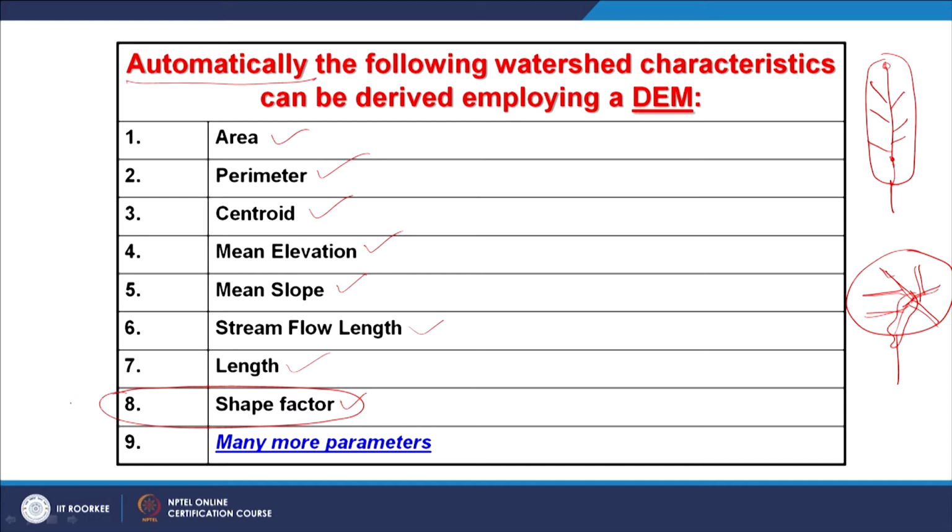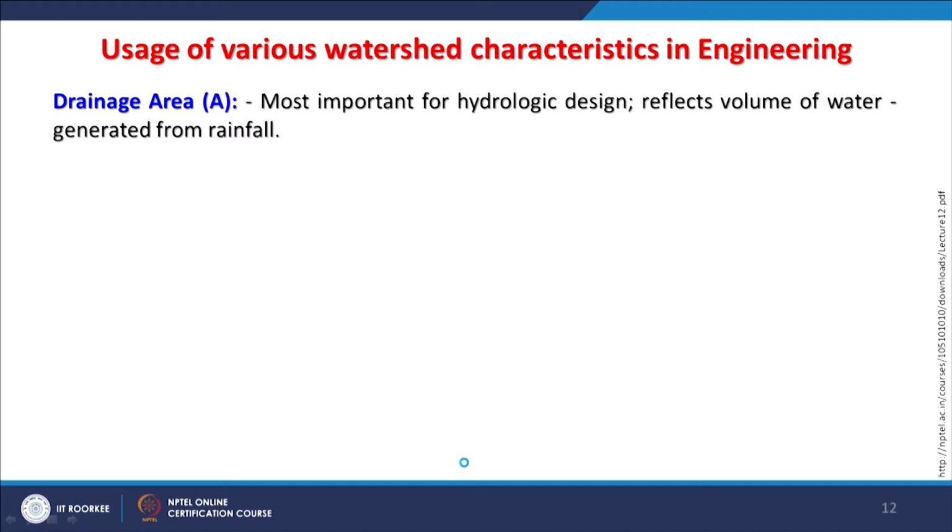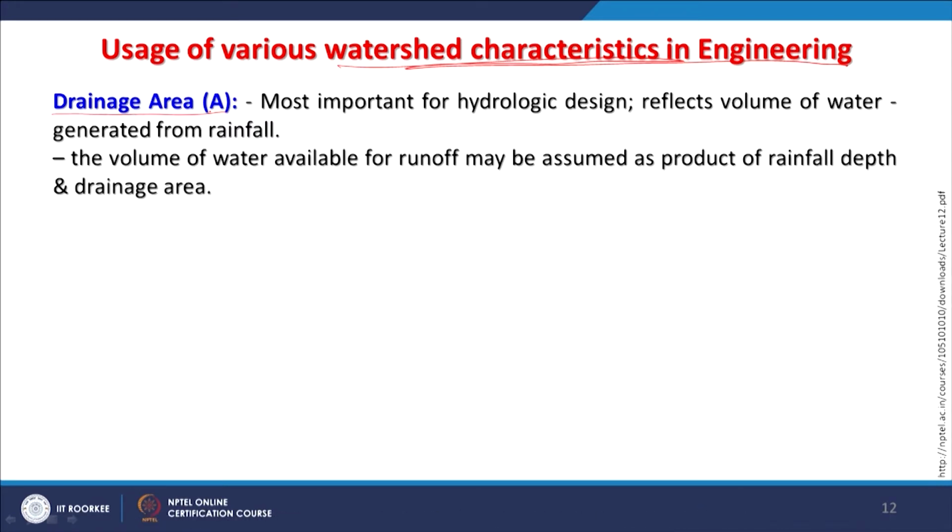So, it is very easy using surface hydrology modeling to derive all the other parameters which are required for various studies of watersheds. Again, this is not an exhaustive list; many more parameters can also be derived. For example, watershed characteristics used in engineering or in earth sciences and hydrology, like drainage area, again very important.